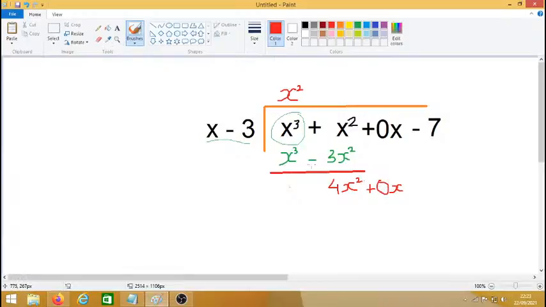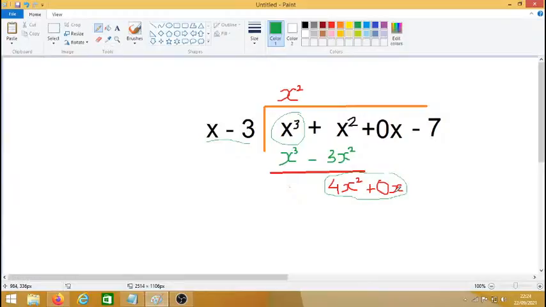Okay, same question again. Instead of looking at the x cubed now, we are looking at the 4x squared plus the 0x. And we're going to ask the question: what do I need to times x minus 3 by to get 4x squared plus 0x?